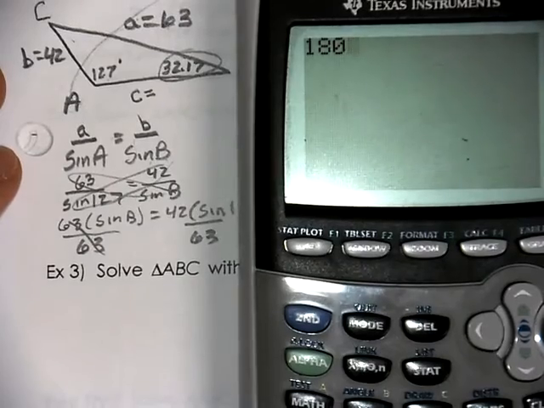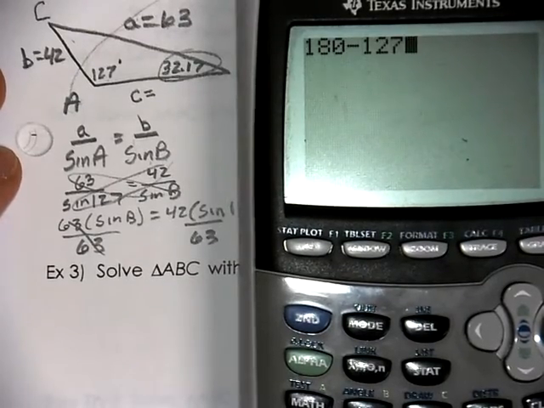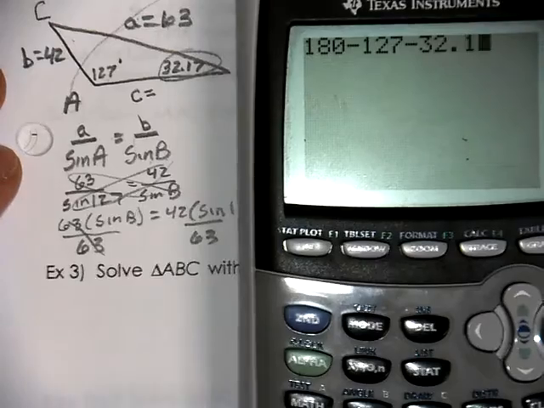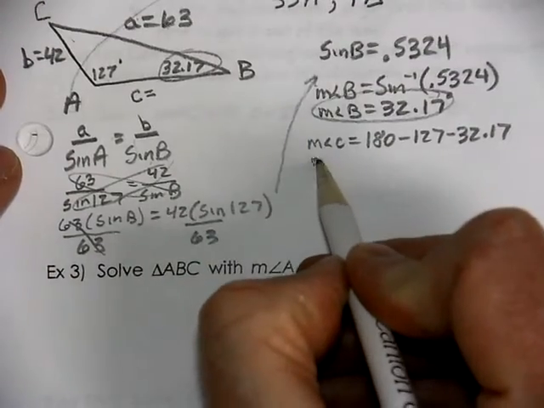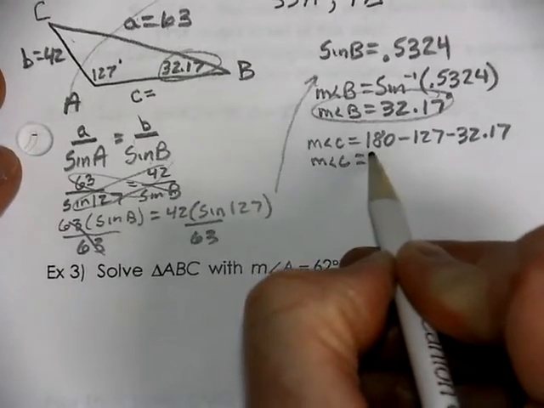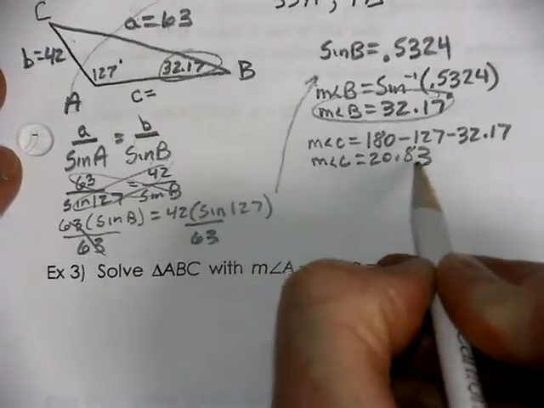So that's 180 minus 127 minus 32.17 gives us 20.83. So the measure of angle C is going to be 20.83.